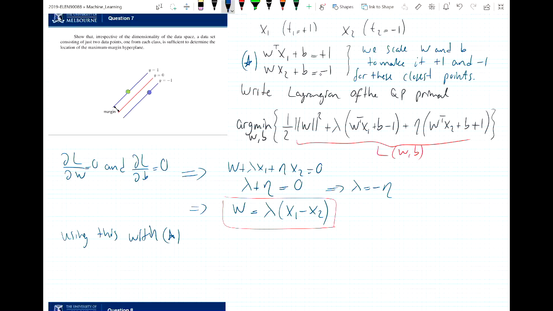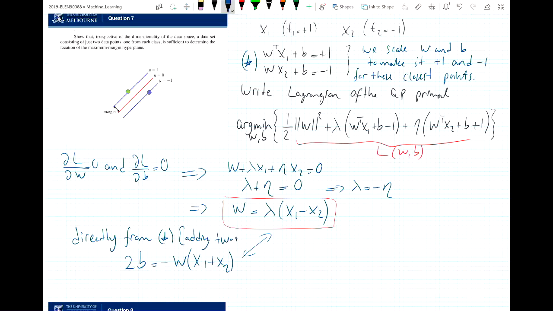zero here. If I sum them up, 0 here, 2b here. So 2b will be minus w x1 plus x2. This is directly from star, adding two equations gives me this, and then combine these two.